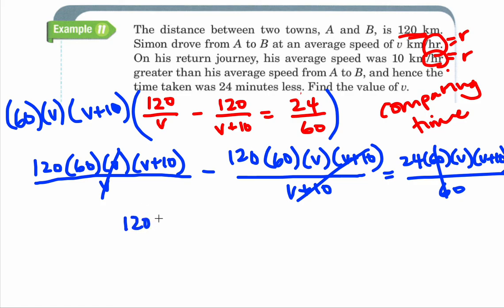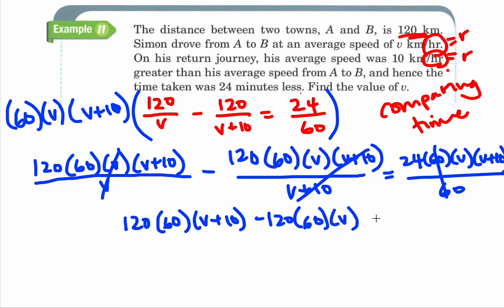So at the end, I get 120 times 60 times V plus 10 minus 120 times 60 times just a V equals 24 times V, 24V, times V plus 10. So I got rid of all my denominators. Let me go ahead and simplify this equation so that I can start solving it.